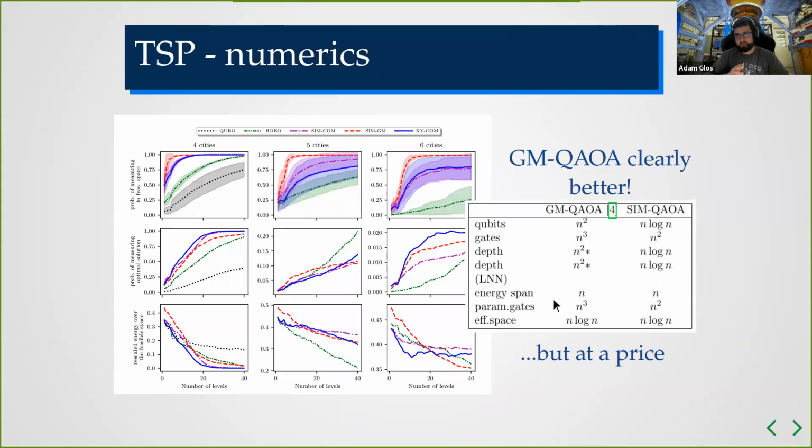This is a problem which has been considered for, I think, 10 or 20 years, and no one has come up with a solution. And ours has n log n depth. Also, as before, we have n squared gates versus n to the cube gates, so there's also some extra improvement. So GM-QAOA is better in number of levels, but it will likely be worse for near-term devices in terms of other factors.